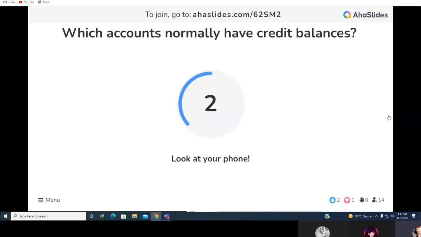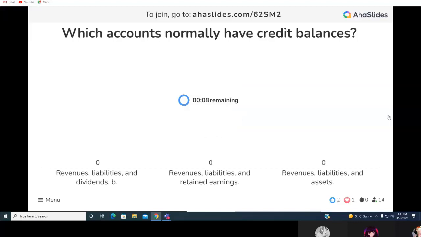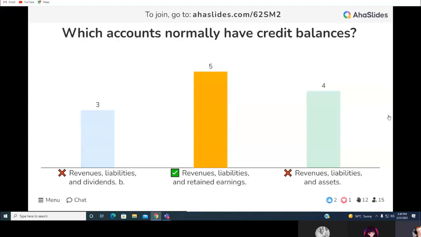And which accounts normally have credit balances? Revenues, liabilities, and retained earnings. Very good, it's the right answer.